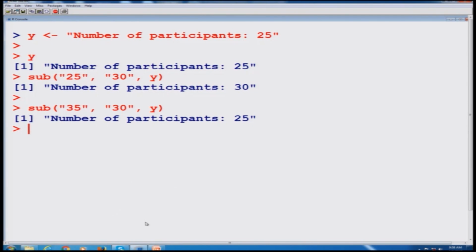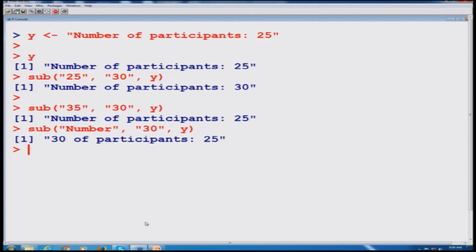It is not doing anything because there is nowhere 35 in the string y. And suppose I say here that I want to replace the number by 30 in string y, you can see here I had got the number, but now I have got a 30.